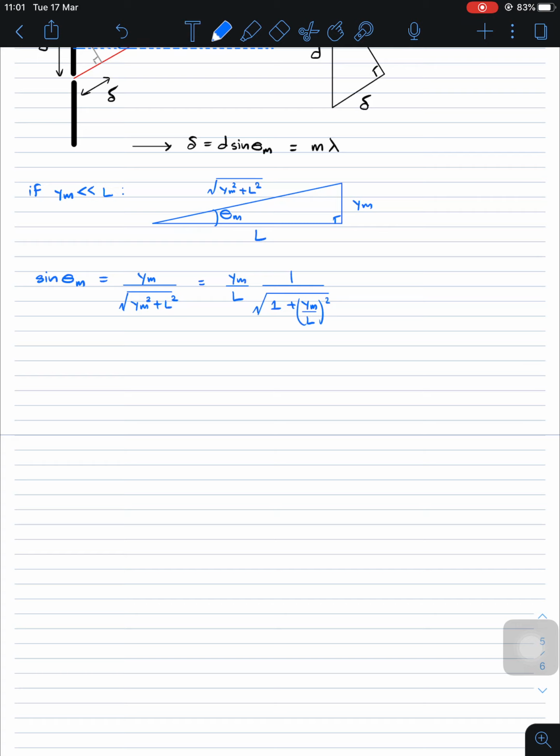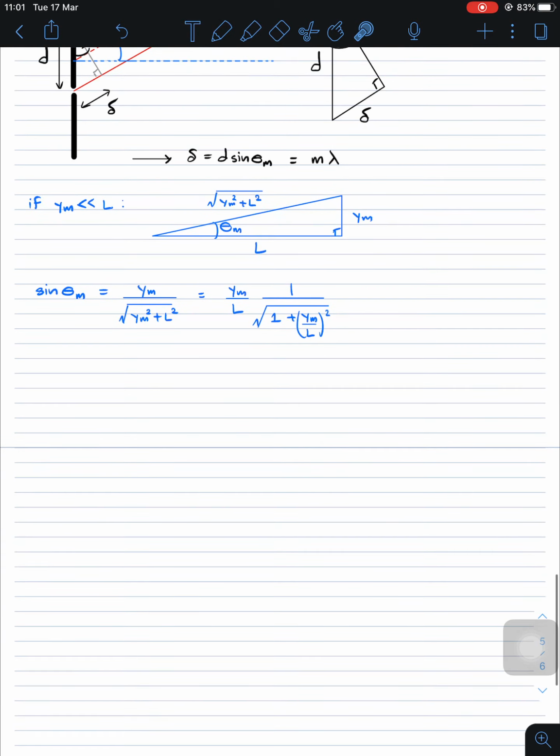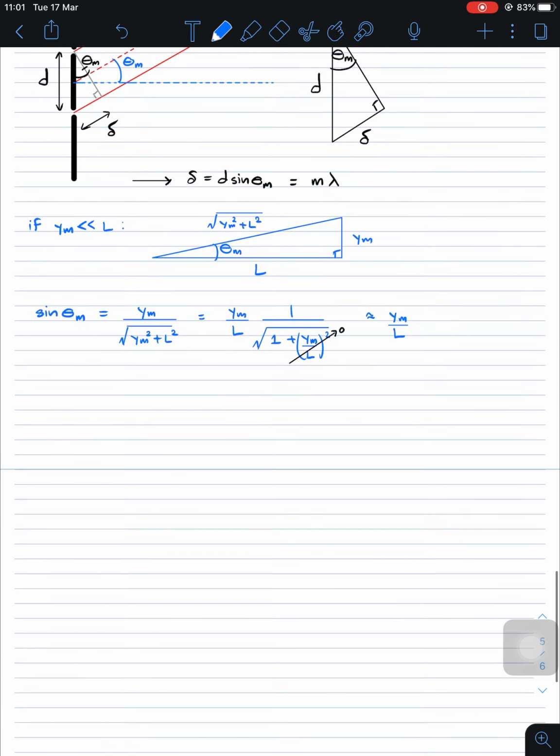Now we said that if y_m is much less than L, this term will go to 0, because y_m is much less than L. Finally we can approximate sine theta m as y_m over L, and that's it.